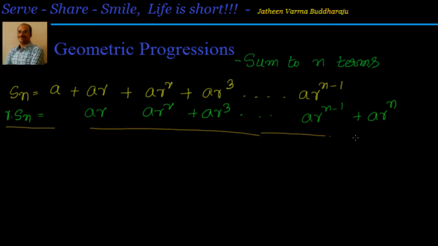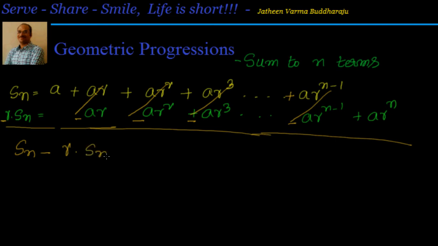Now when I subtract, all terms will cancel out other than the first and last term. What I will be left with is Sn minus r into Sn equal to a minus ar to the power of n.